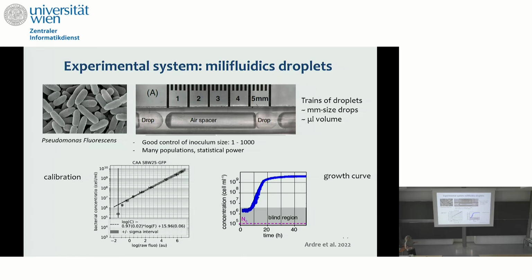There's a blind region because of the detection. That's a technical point. And these are the growth curves that we see in the droplets, one on top of the other. And we have a lot of statistics. So we do preserve the high throughput nature of the microfluidics because we have many repetitions.